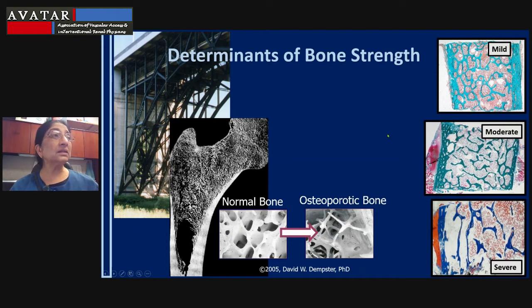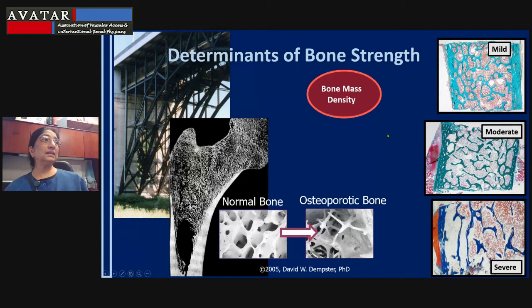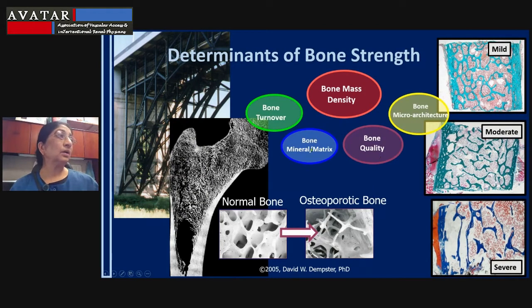Now, this decrease in bone mass can easily be measured as bone density with standard DEXA instruments. However, bone density is not the only determinant of bone strength. There are a whole bunch of other parameters such as bone turnover, bone mineral matrix properties, bone quality, and bone microarchitecture. And all of these are not routinely available for clinical measurement.